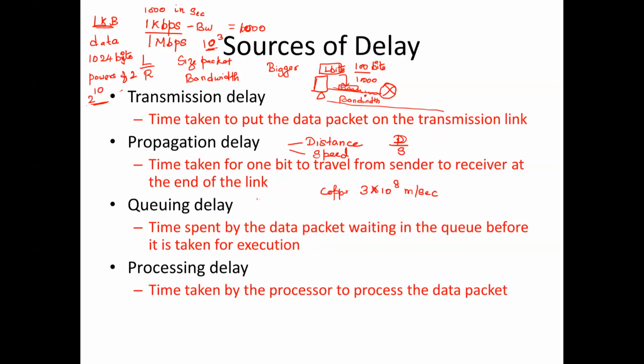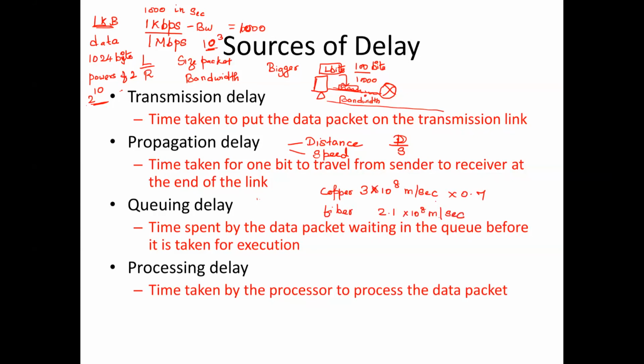Now, if you use the fiber cable, then we get 70% of the speed of light. Therefore you have to multiply the speed of light by 0.7. Therefore, the value is going to be 2.1 into 10 power 8 meters per second.